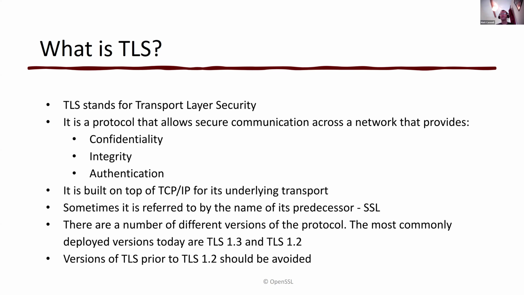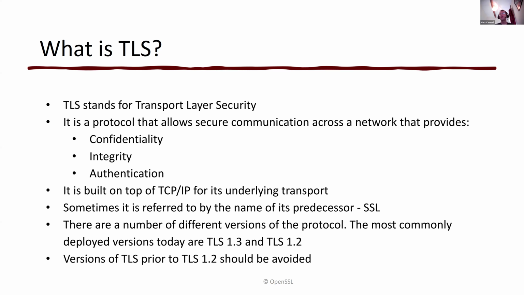The protocol itself is built up on top of lower underlying protocols, so TCP/IP in this case. So the TCP/IP layer just provides the transport capability, so the capability to shift bytes from one endpoint to the other endpoint, and TLS adds the security layer on top of that.